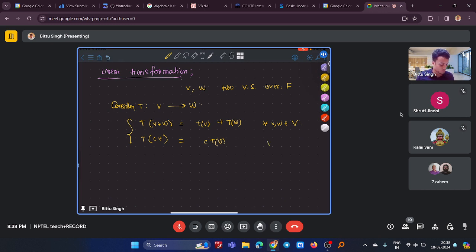If those properties are satisfied, then T is said to be a linear transformation.